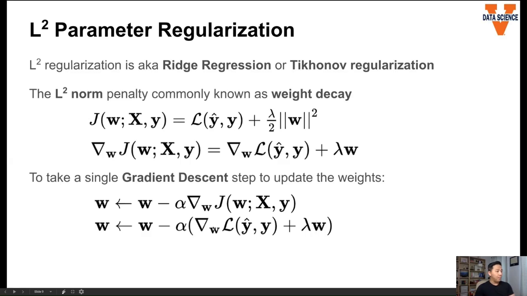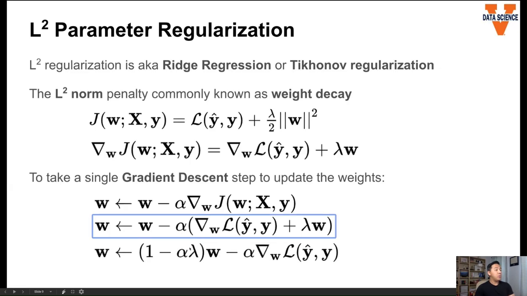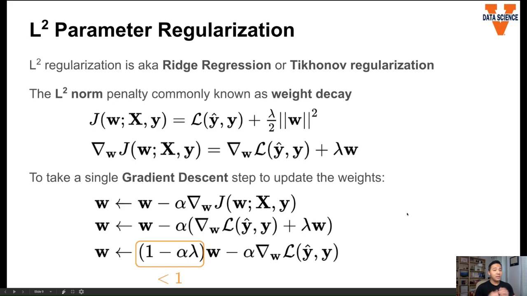As you multiply this out and group with W, we get 1 minus alpha lambda times W, and then minus the gradient term. An interesting observation is that alpha and lambda are both positive, so their product is positive, and 1 minus some positive number will be less than 1. And that gets multiplied by W.